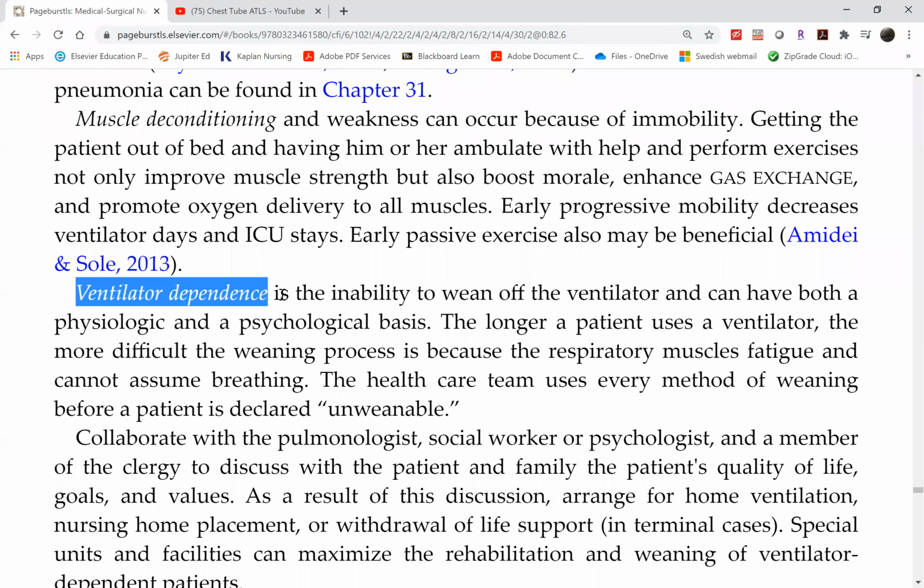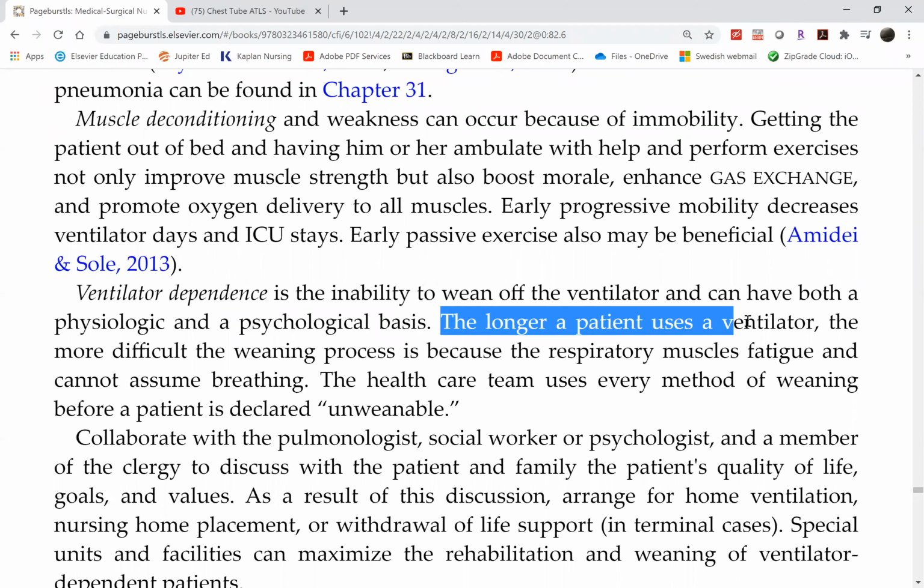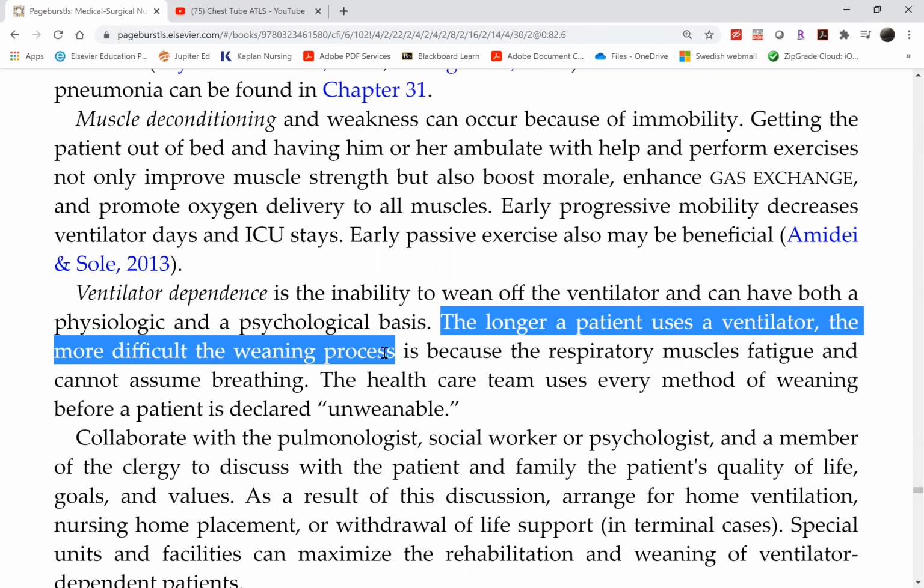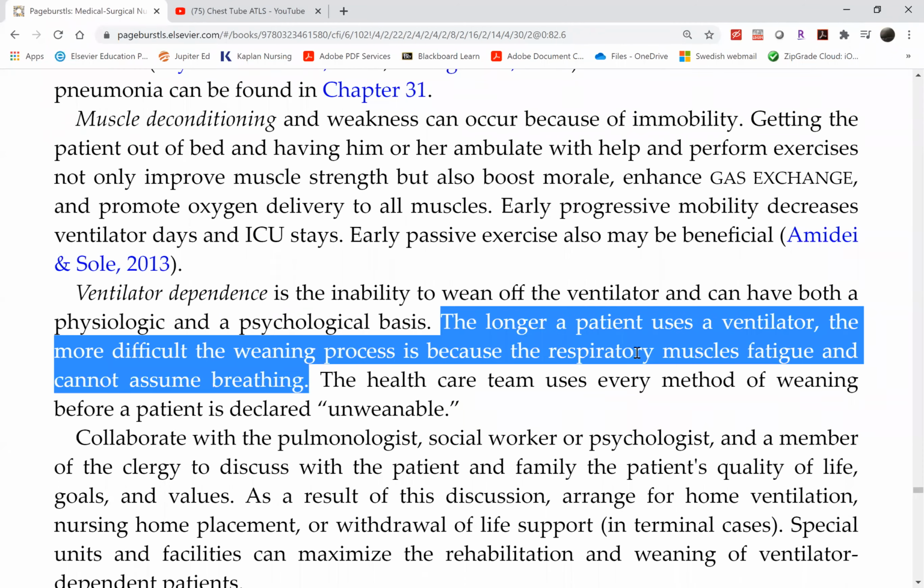The longer they're on it, the lazier they become, especially the respiratory muscle, the diaphragm. It weakens it, because remember the diaphragm can be flattened because of the high intrathoracic pressure. It shouldn't be flat, it should be curved, right?